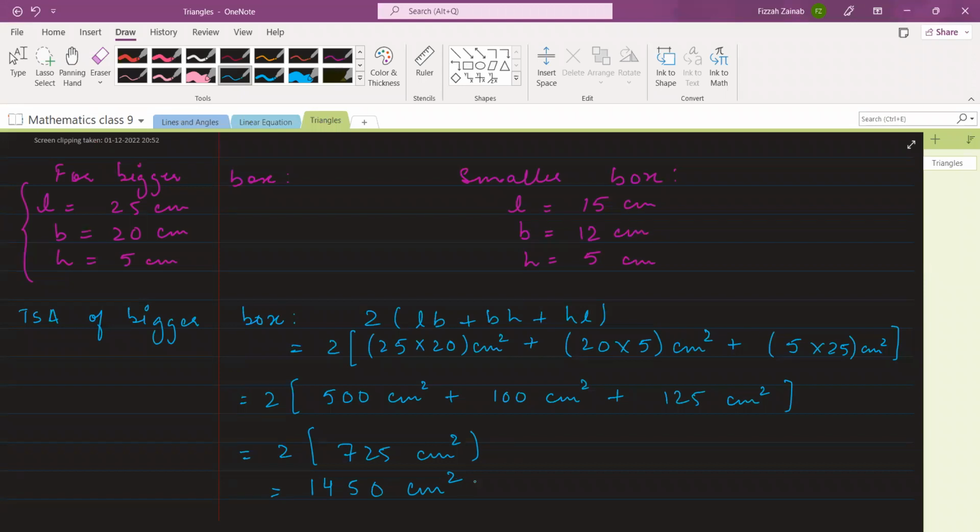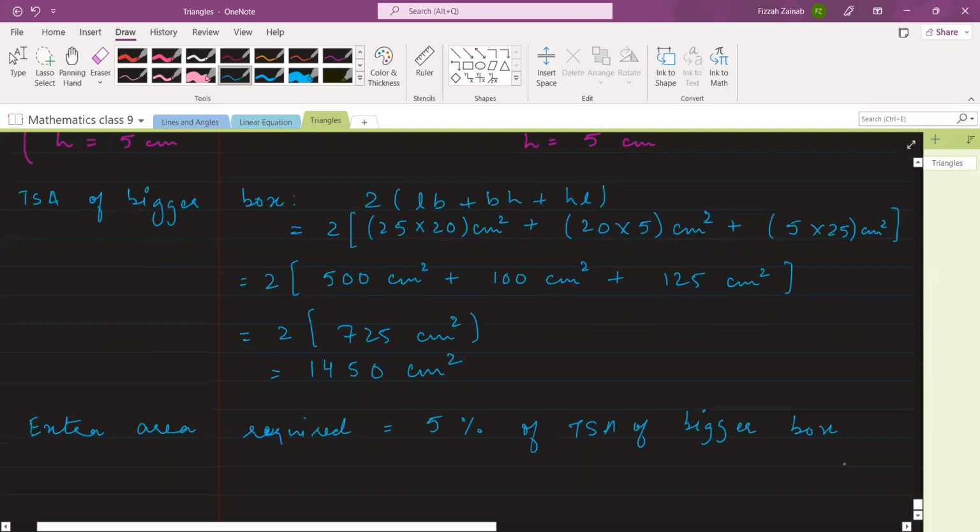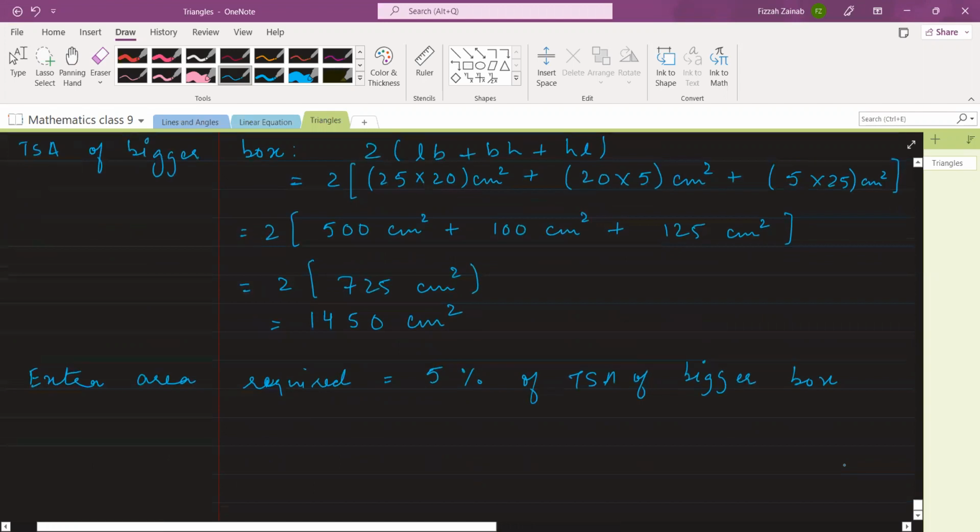Right? Now the extra area required. The extra area of cardboard which is required is actually 5% of this TSA of the bigger box. Understand? So we find 5% of it and then we will add it.